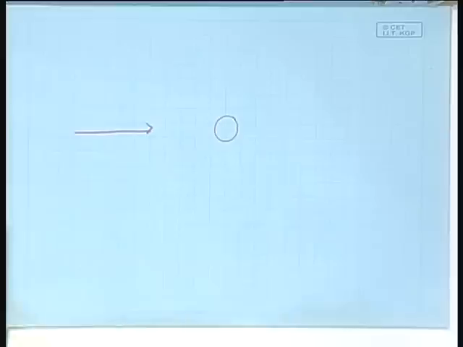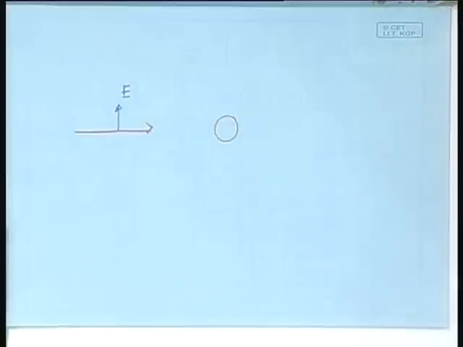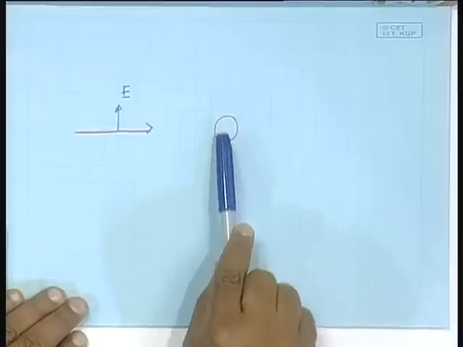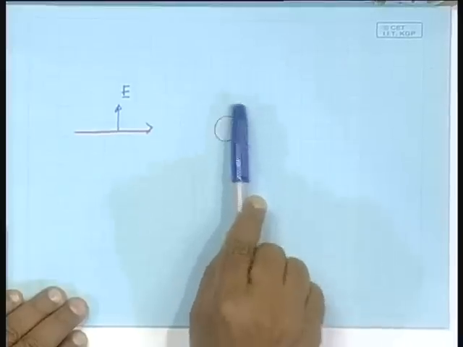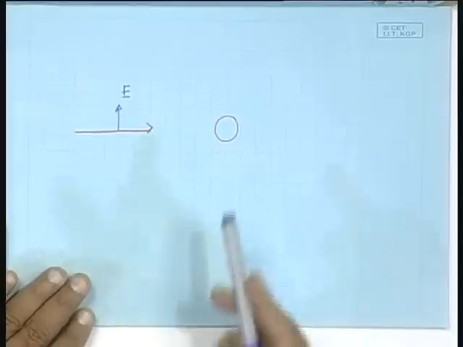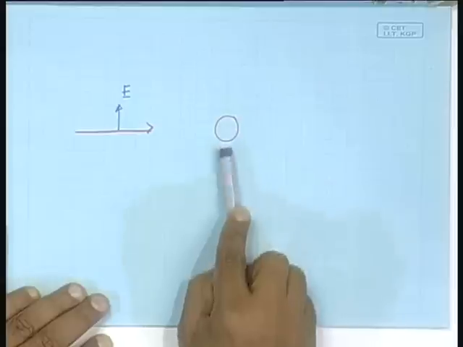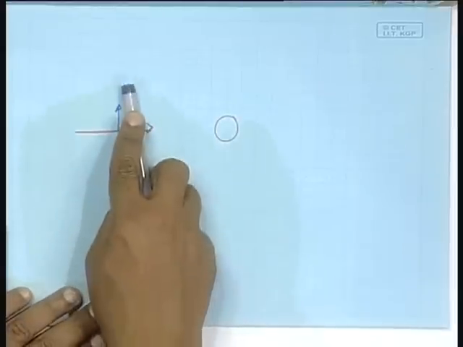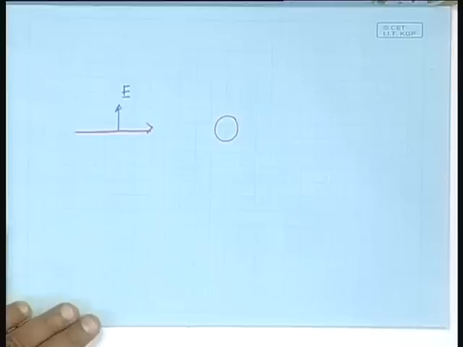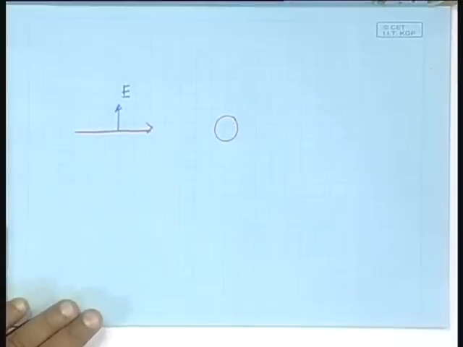The electric field E in the incident radiation will induce dipole moments over here. It could be a dielectric, free electrons, an atom or a molecule. The induced dipole moment will be parallel to the direction of the electric field, and if the electric field oscillates, the dipole is also going to oscillate, and it is going to emit radiation.